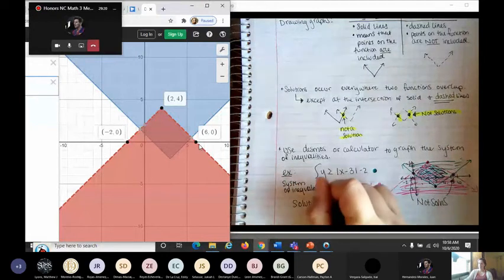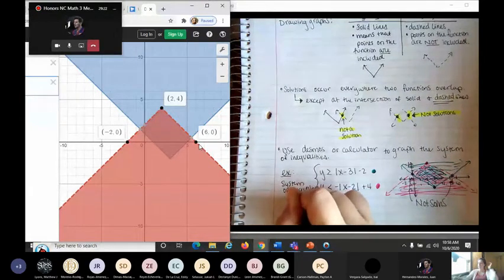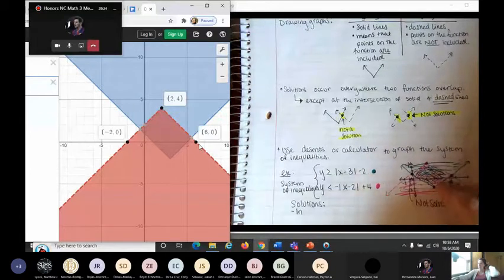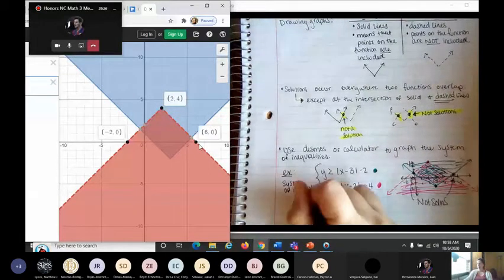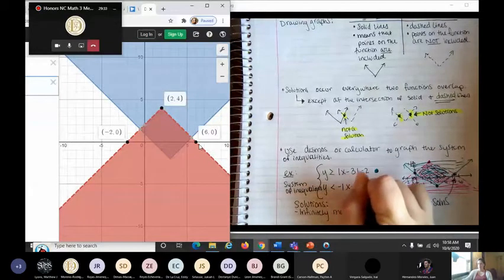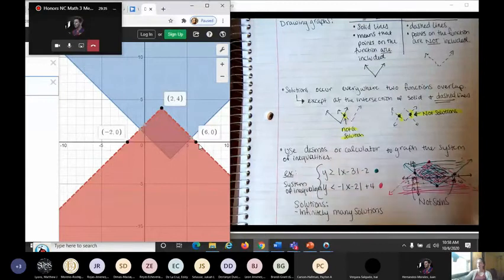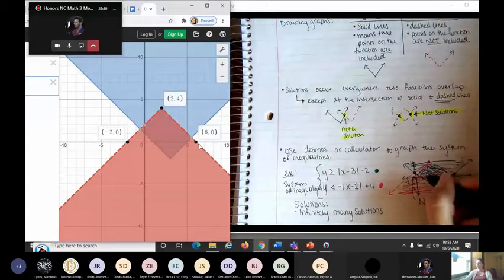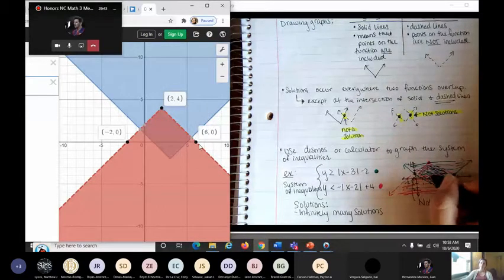So we're going to have infinitely many solutions. There are infinitely many little points that could be in here, because not all of them have to be integer values. We could have like (1.1, 1.1), (1.2, 1.1), (1.3, 1.1).